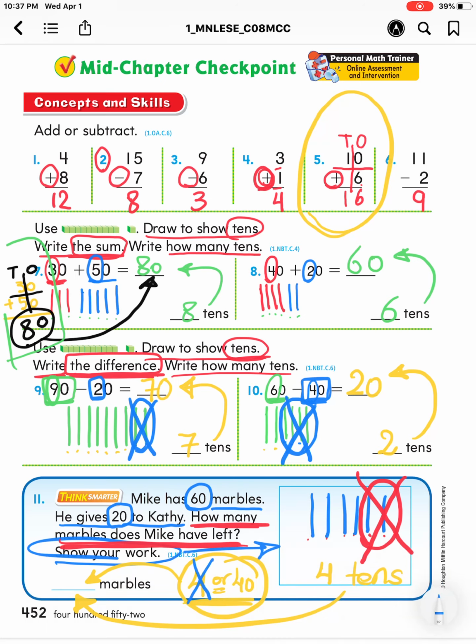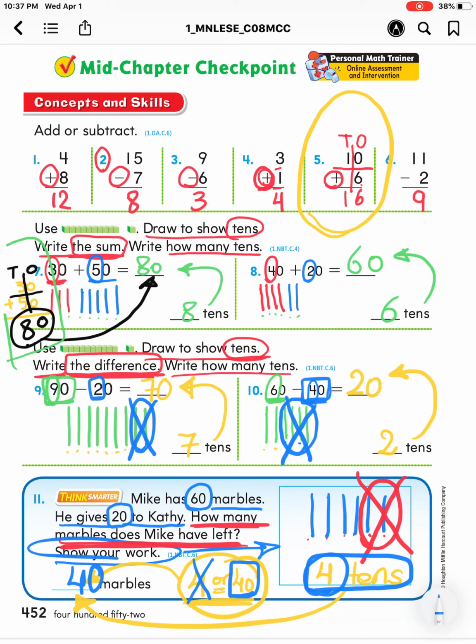I told you before that if we wrote 4, just 4, it means 4 ones. So whether we write 40 or we write 4 tens, but 4 alone, we cannot write 4 alone. It doesn't mean tens, it means ones if it's alone. So we have to write here 40. So the answer is 40.